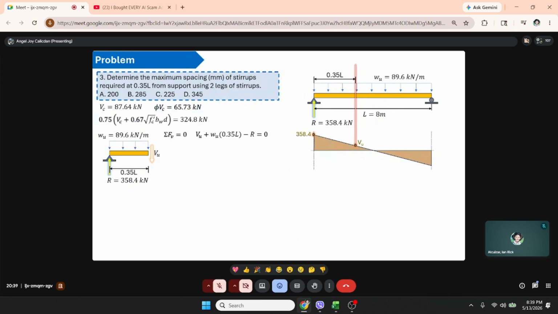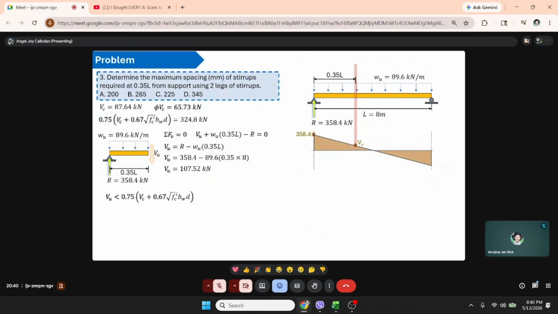So tanan downward kay positive, upward, negative. And rearranging to get Vu. So R, 358.4 minus 89.6 times 0.35 sa length na 8 meters. So we get Vu is 107.52 kilonewton.